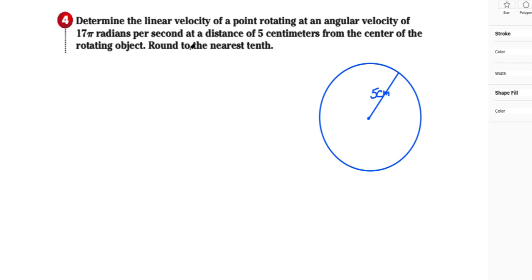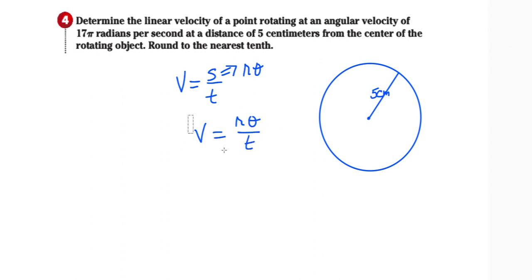Linear velocity is the distance divided by the time, but the distance for an object traveling in a circular path is r times theta. So our linear velocity is the radius times theta, the angular displacement, over t. We're going to use this formula to answer the question.